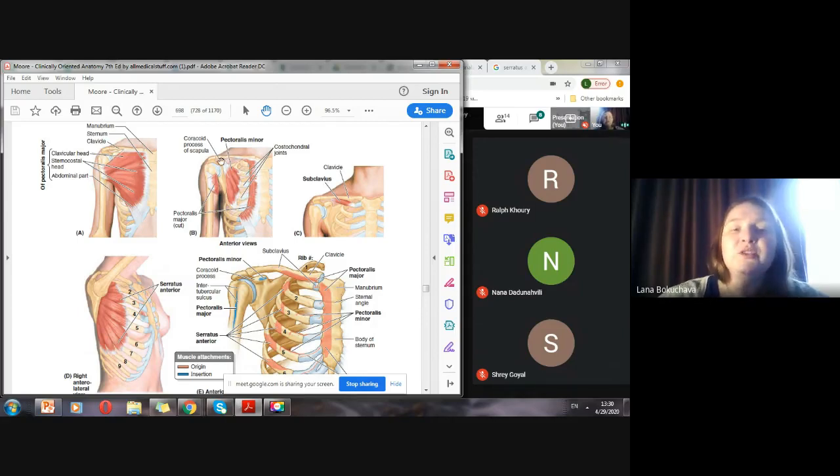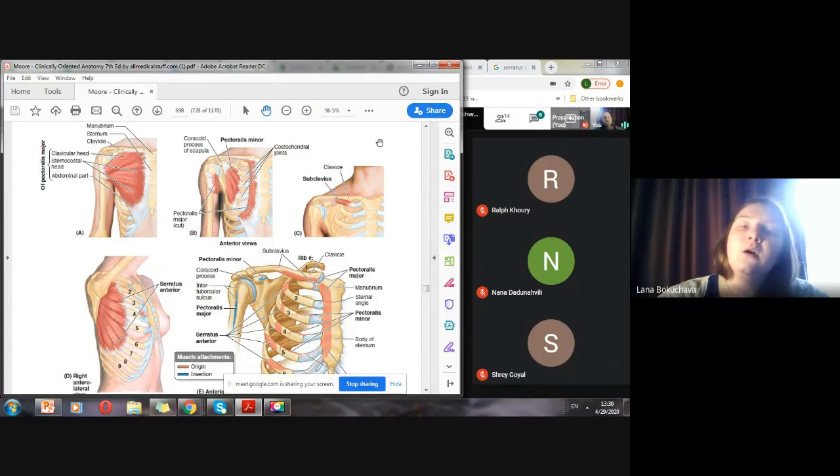In this case, we literally have the stabilization of the scapula, as you can see here. How? Imagine this muscle is contracting. Again, we will have this pulling of the scapula in the anterior direction. And as a result, it helps us to stabilize it against the thoracic wall.